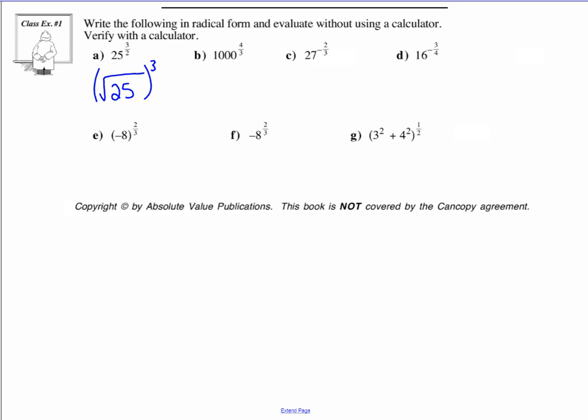Probably not, right? But do you know what the square root of 25 is? Yes, so let's do the square root first, and then we're going to cube it. Square root of 25 is 5. So 5 cubed is, I asked you to memorize this one, 125.